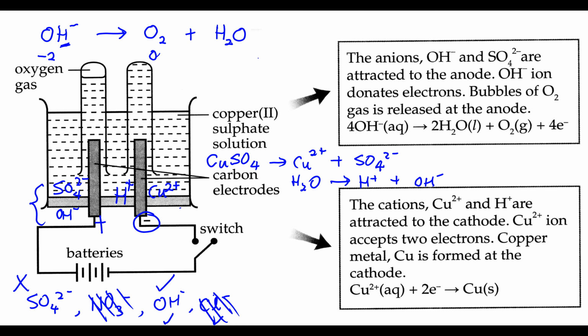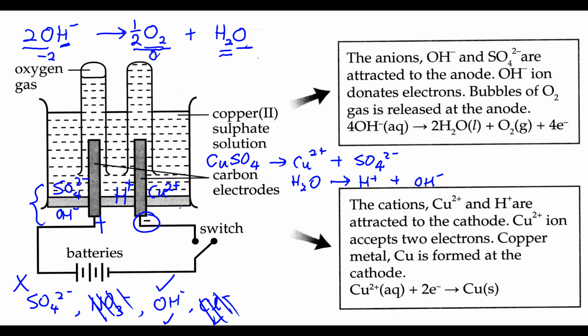Okay, now let's balance the equation. We've got 2 hydrogen on the right hand side. We need to have 2 hydrogen on the left hand side. Now notice we have 2 oxygens on the left hand side, but now we have 3 oxygens on the right hand side. But if we put a half here, then we have half times 2 is 1 oxygen plus another oxygen, that will be 2 oxygen.